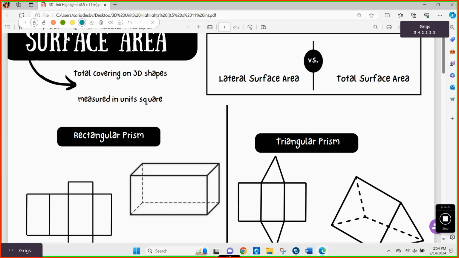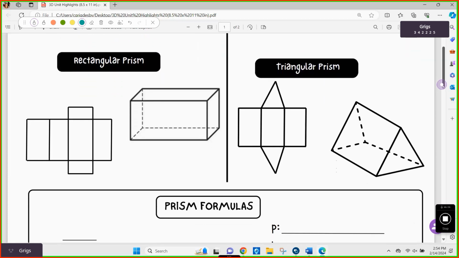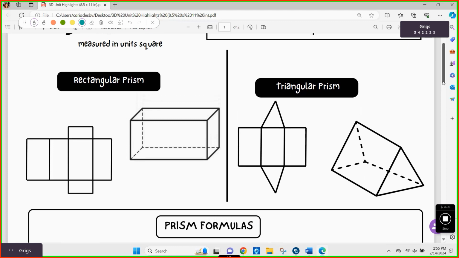Alright. So we're going to look at three different types of shapes today. We're going to look at a rectangular prism and a triangular prism. And then we're going to look at a cylinder. Cylinder's brand new.